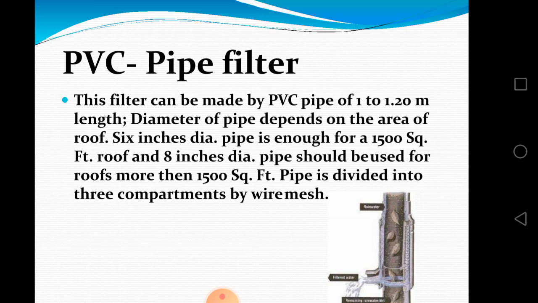There are a number of losses: evaporation, infiltration, collection-related problems. So water harvesting potential depends on rainfall and collection efficiency, that is, rainfall multiplied by the collection efficiency.